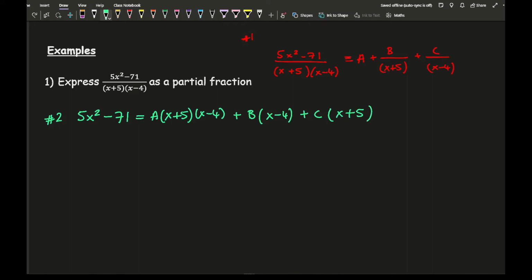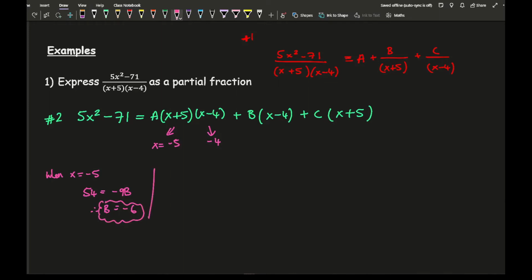So from this, what I then need to do is find my values. For this bracket equals 0, x needs to equal minus 5, and for this one, 4. So when x equals minus 5, what I end up with is 54 equals minus 9b, and so therefore b equals minus 6.